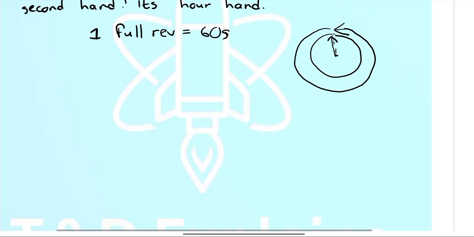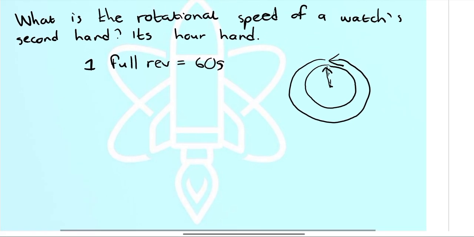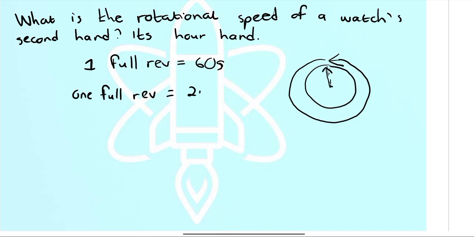So in terms of rotational coordinate, we know that one full revolution is equal to 2 pi radians.